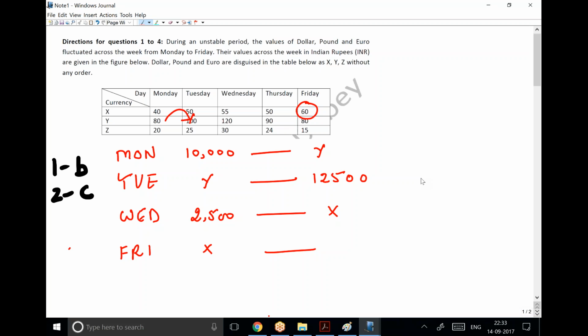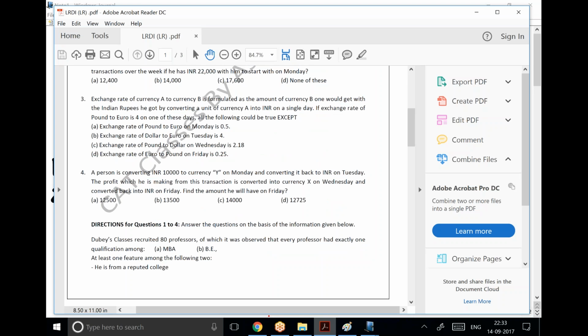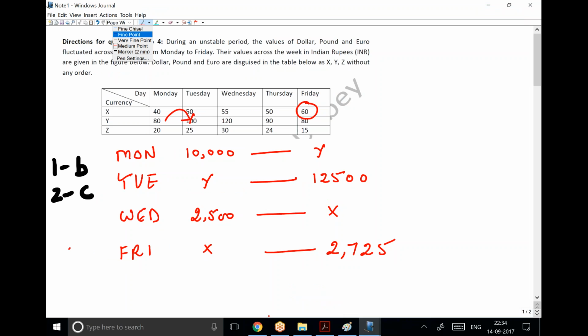So when 2,500 gets increased by 9.09%, this number will become 2,725. So the new number we got comes out to be 2,725.